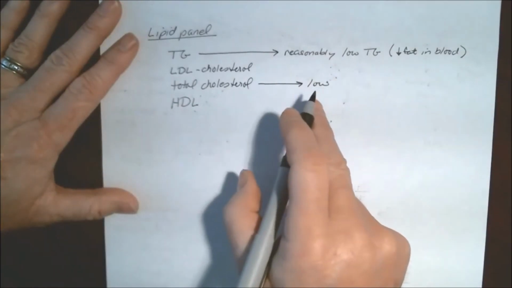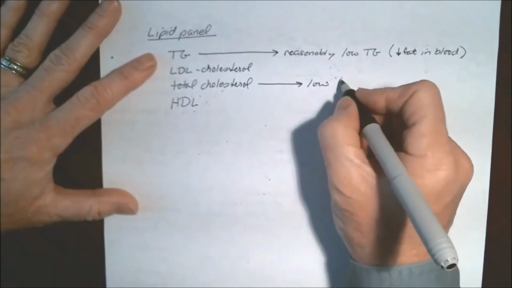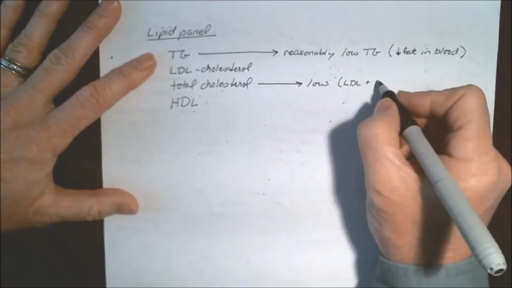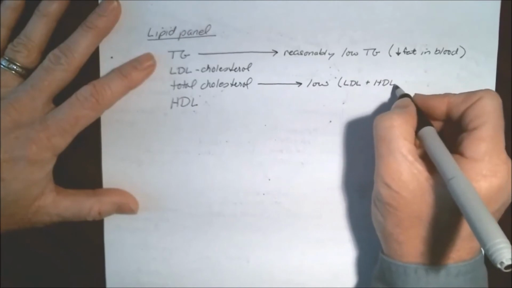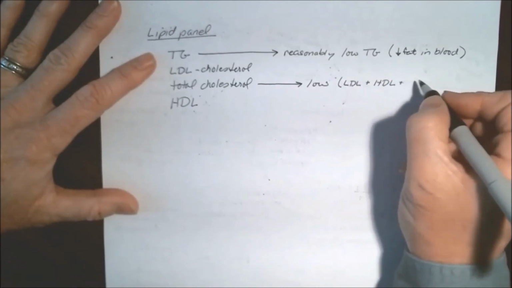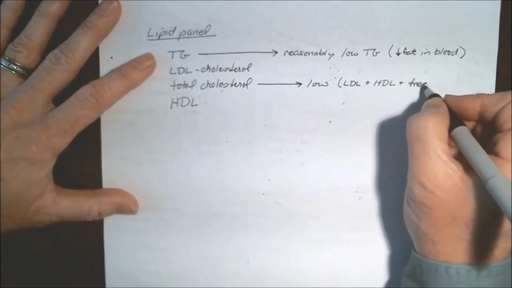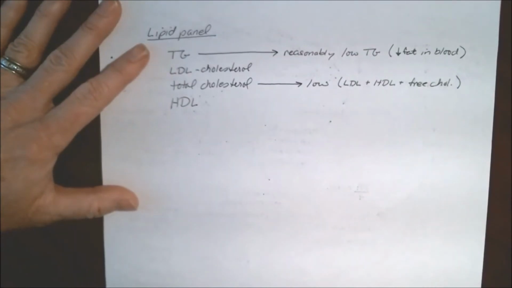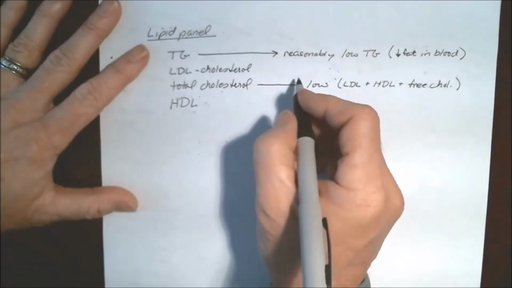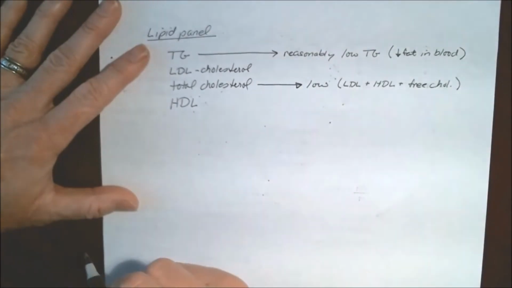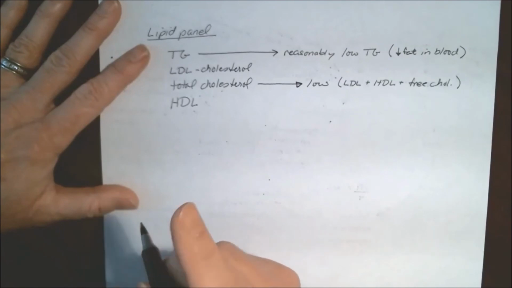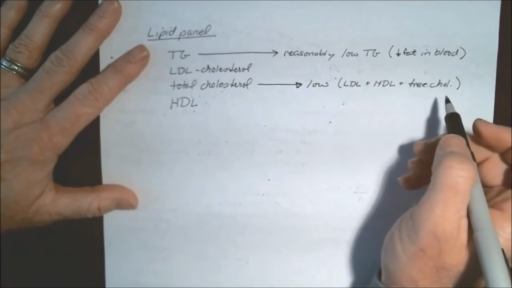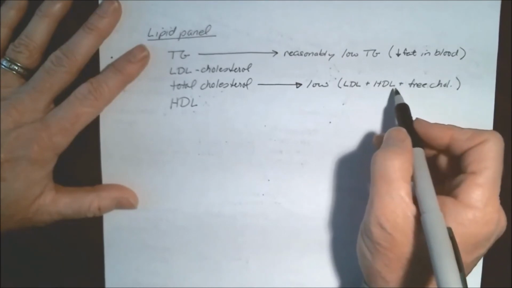But remember, total cholesterol is a combination of your LDL content of cholesterol plus your HDL content of cholesterol plus any free cholesterol that may be in your circulation. So the total cholesterol value is not of great importance anymore because we now know that the HDL cholesterol is your good cholesterol, because that's your carrier to get rid of it.